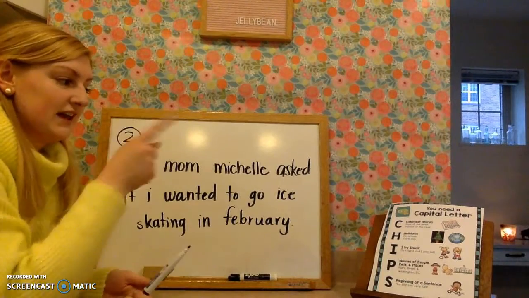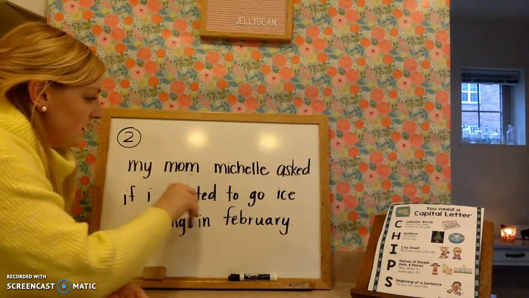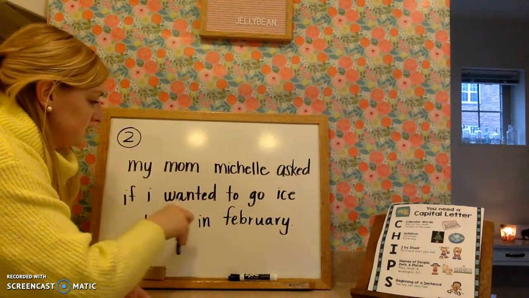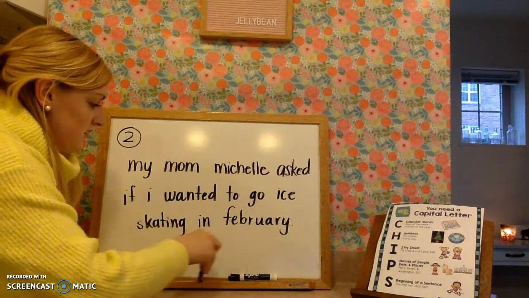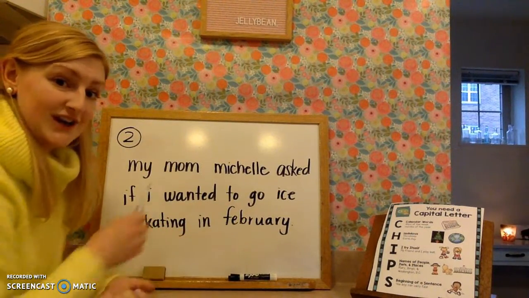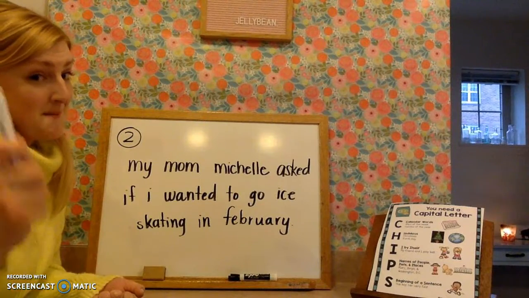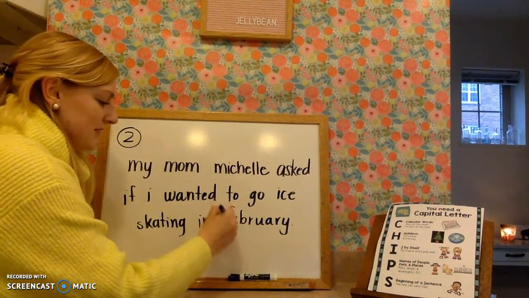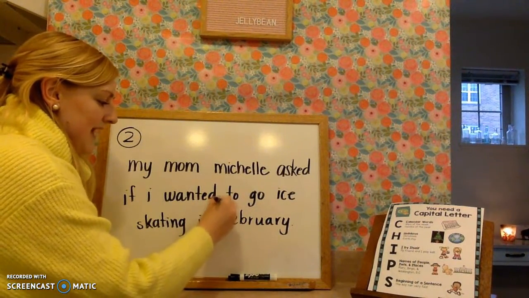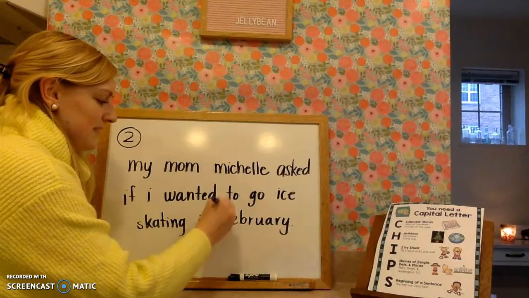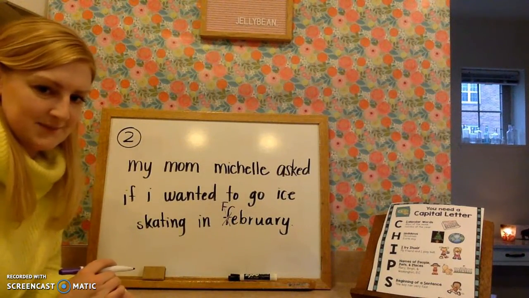Let's look for calendar words. Any calendar words? Oh, February is a calendar word. It's not a day of the week, but it is a month. So I'm going to cross that one out. We're going to put the capital F right above it, so we remember that needs to be capitalized.